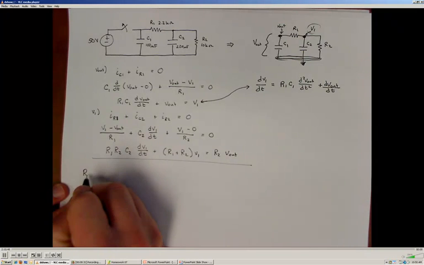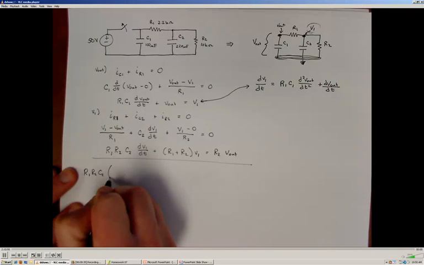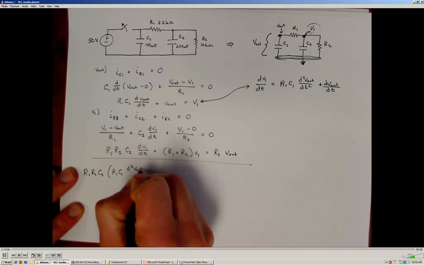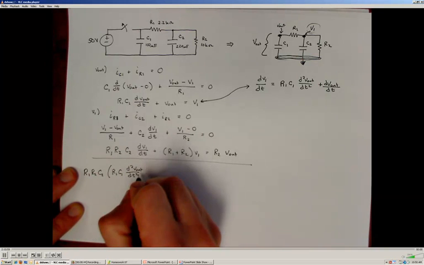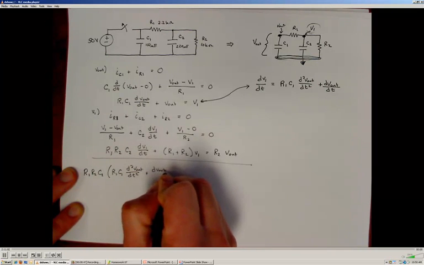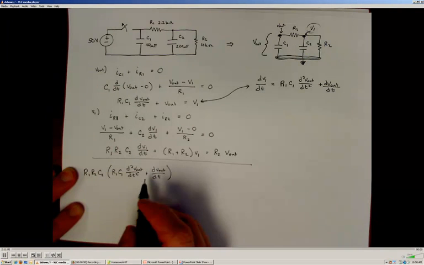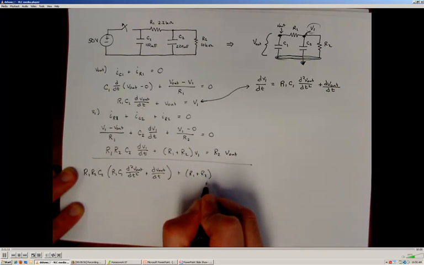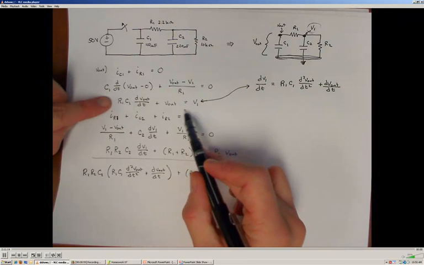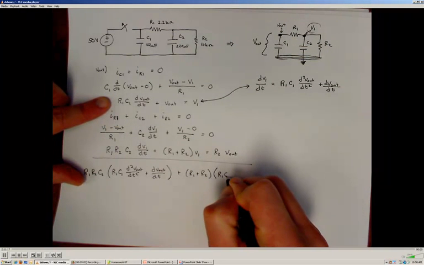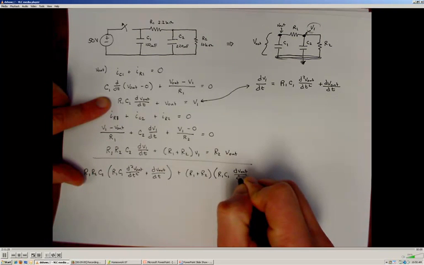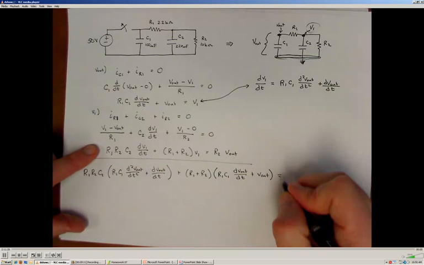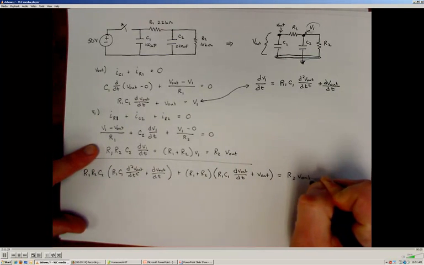So doing so gives me R1 R2 C2 times all of this stuff: R1 C1 times the second derivative of the output voltage with respect to time, plus dV out dt, plus the R1 R2 combination times V1, which is this equation right here, and all of that is equal to R2 V out.